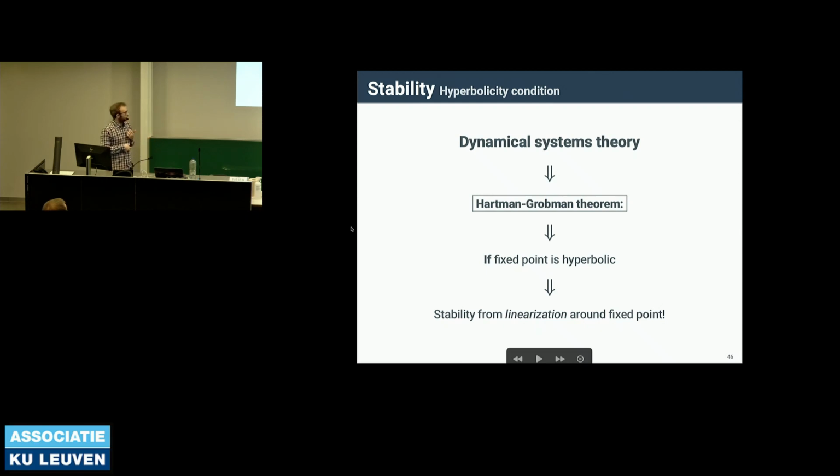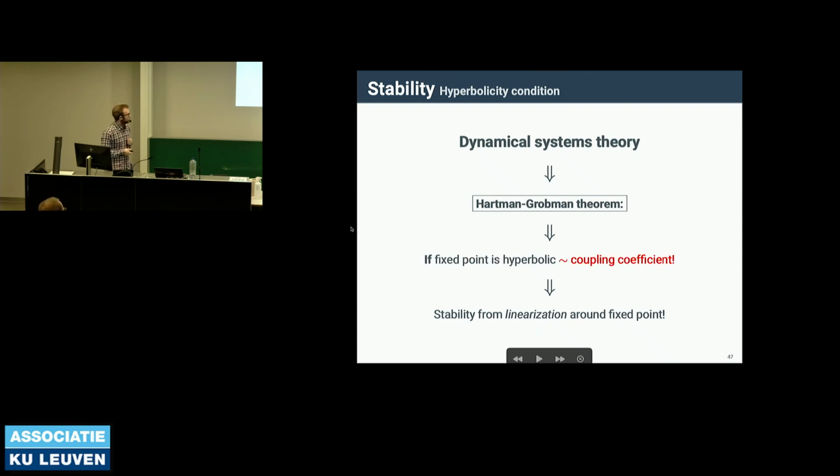When is your fixed point hyperbolic? Well, if the Jacobian matrix of your dynamical system has eigenvalues that are non-zero, and if the Jacobian of your dynamical system is also non-zero. So we call this the hyperbolicity condition, and this is the first condition that you need to fulfill if you want stable stationary solutions for your amplitude equations.